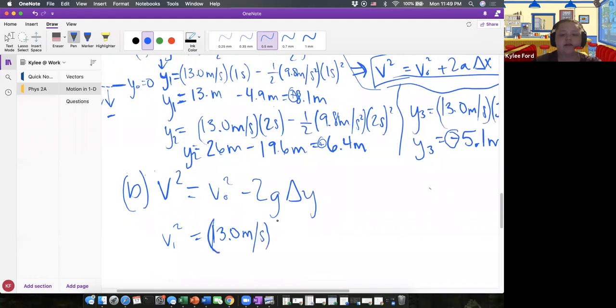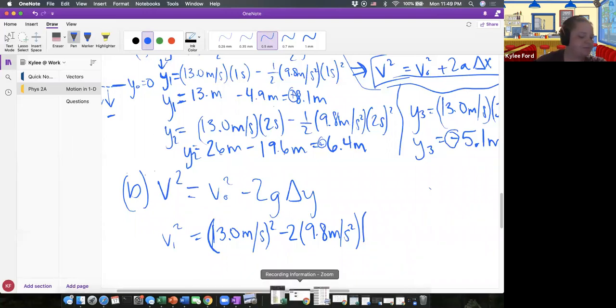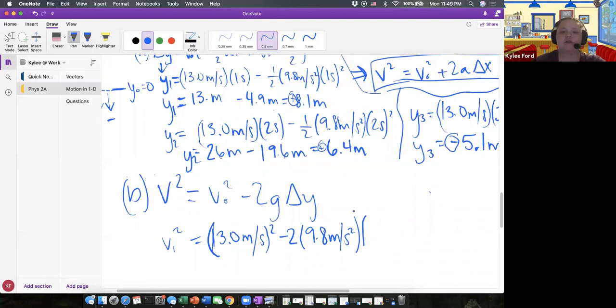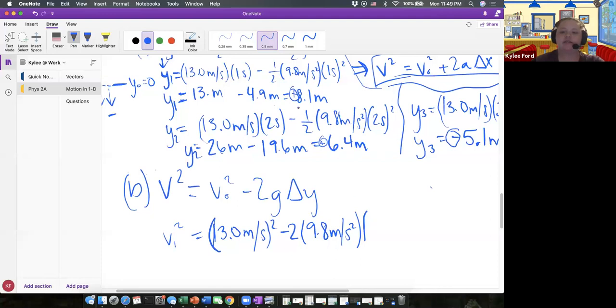And this gets squared, minus 2 times 9.8 meters per second squared times my delta y. Remember, my delta y is going to be my final minus initial. So my final in this case is 8.1 meters, and my initial is 0.